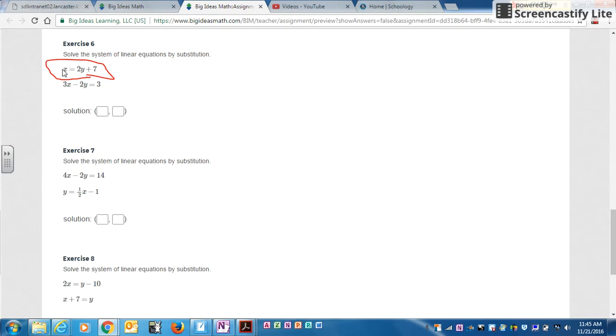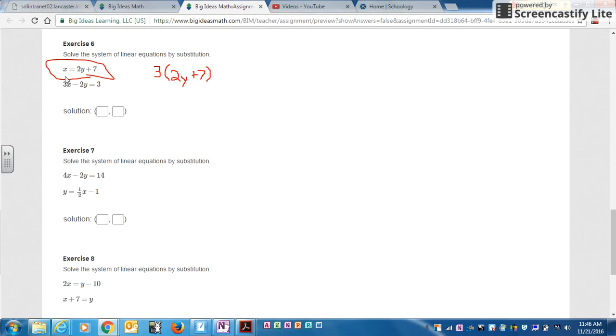So then we're going to substitute this in for this, and that way we'll have an equation with one variable, and then we can solve it. So 3x, but instead of x, I'm going to put 2y plus 7. And again, you should be writing this down if I'm writing this down, because this will be a good example.